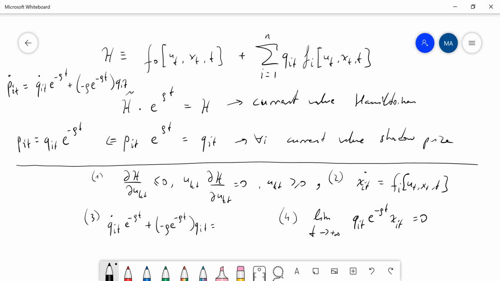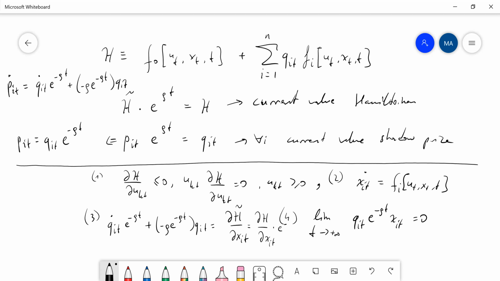Now this will be minus the derivative of the present value Hamiltonian with respect to x_it, which could be written as the derivative of the current value Hamiltonian times e to the minus rho t.